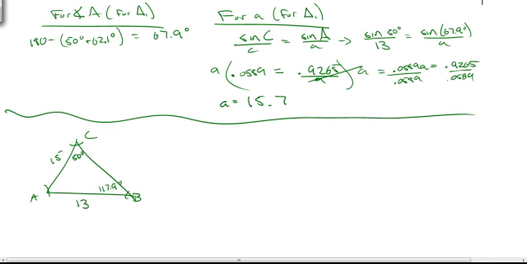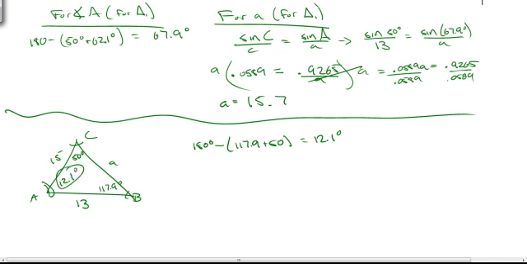So first thing I'm going to do is find out what angle A equals. So I take 180 degrees and subtract 117.9 plus 50 degrees, and that gives me 12.1 degrees. So I can fill that in here, 12.1 degrees.